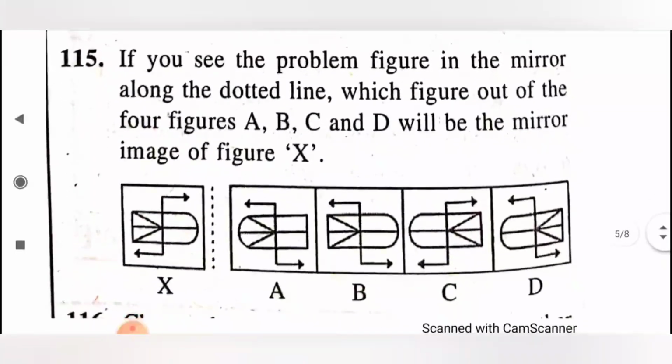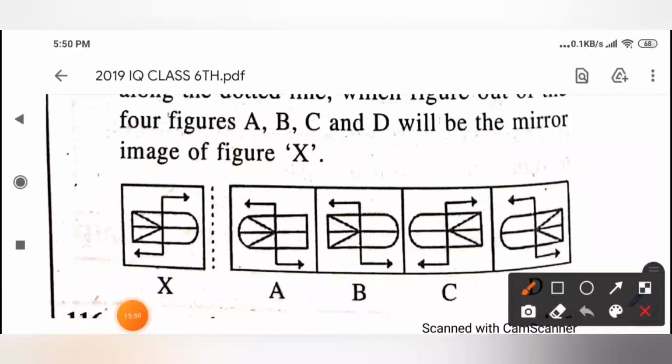115. If you see the problem figure in the mirror along the dotted line, which figure out of the four figures A, B, C and D will be the mirror image of figure X? Mirror image of figure X. Just see, this is X, and in three of the options, this shape is correctly interpreted.